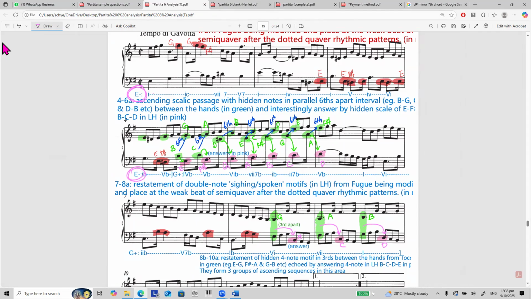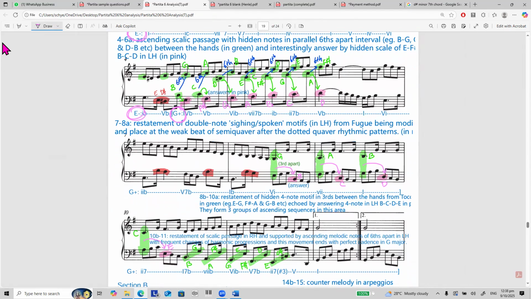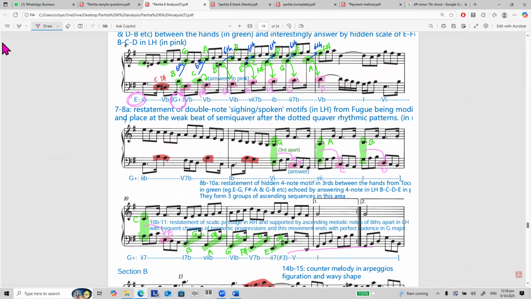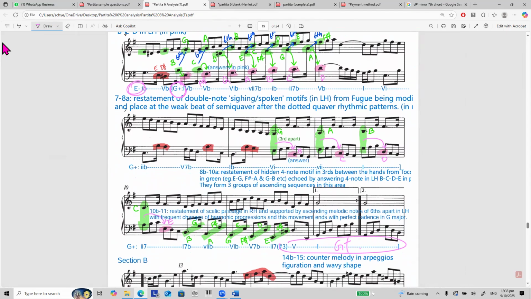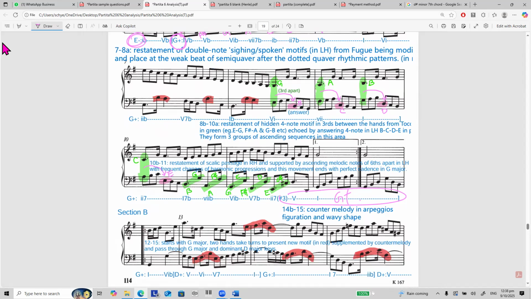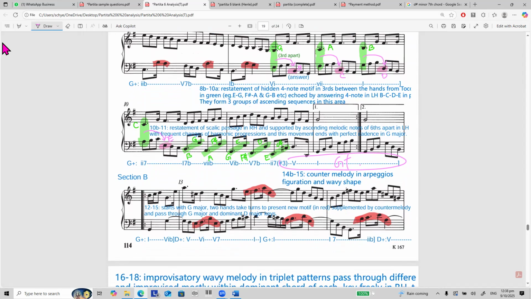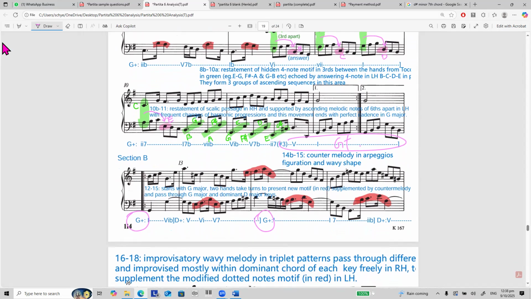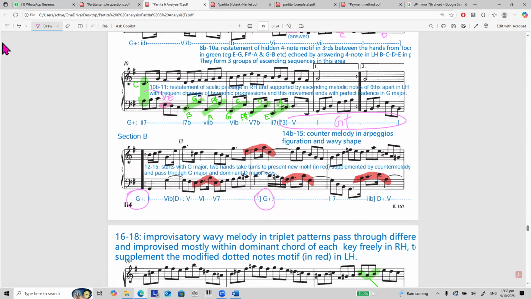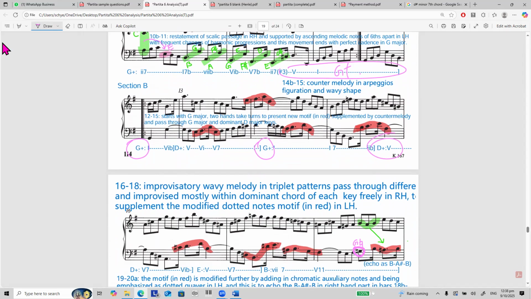From bar 4 onwards is a G major chord all the way until here with a perfect cadence, still in G major. And then from bar 12 onwards, it goes to G major, and then bar 15, D major.